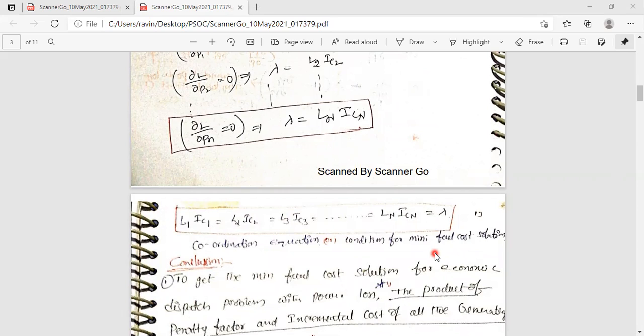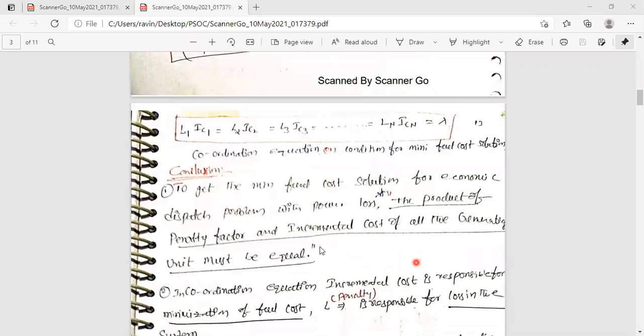I can also say that to get the minimum fuel cost solution for an economic load dispatch problem with power loss, the product of penalty factor and incremental cost of the generating units must be equal. I repeat, the product of penalty factor and incremental fuel cost of unit 1, unit 2, unit 3, up to the nth unit should all be equal. Then only we get a minimum fuel cost solution.